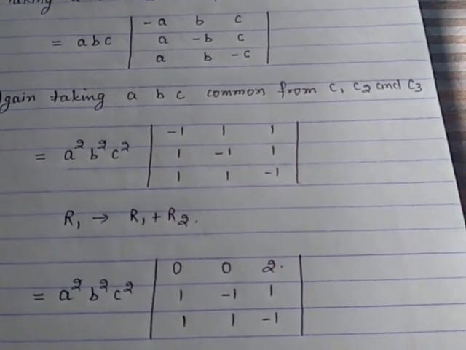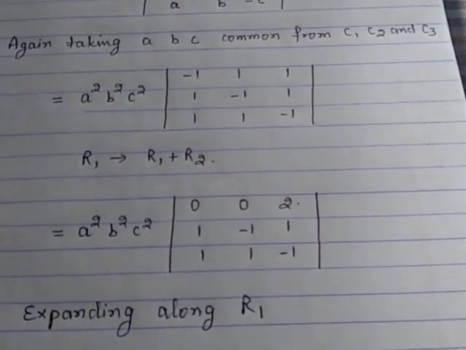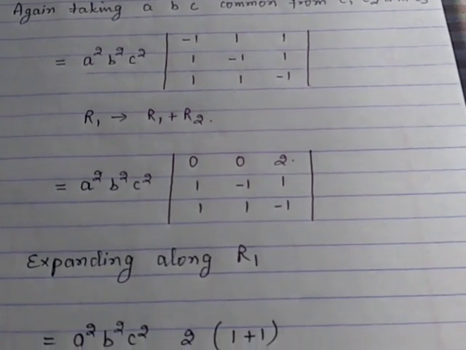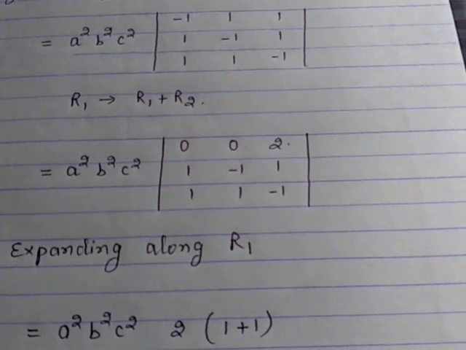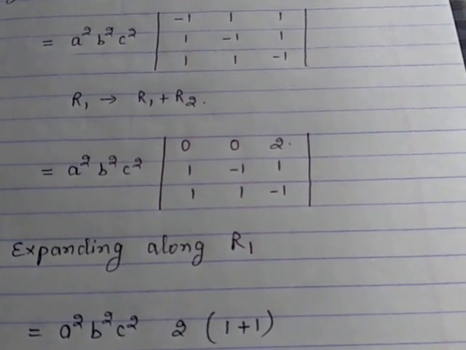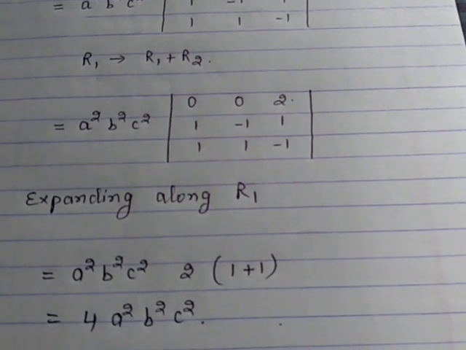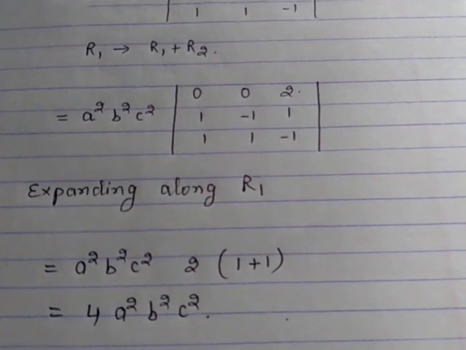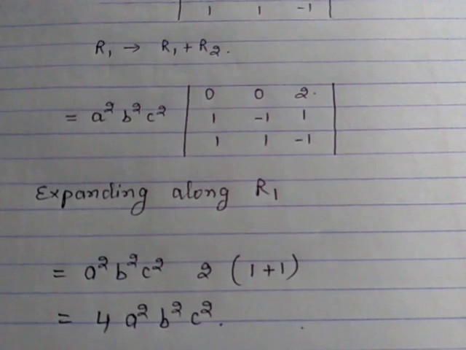Now, after applying the property, expanding along R1, a square, b square, c square will remain the same, and after expanding it, we get 4. So at the end, the answer is 4a square b square c square, which we had to prove.